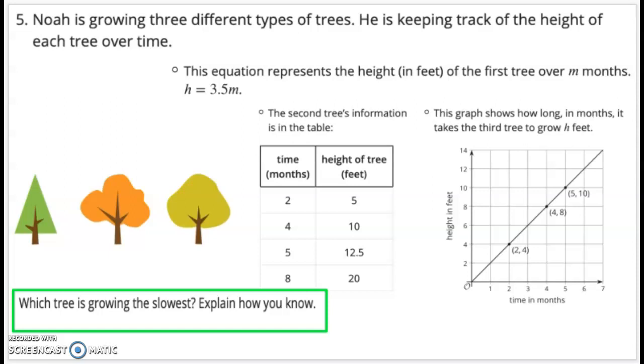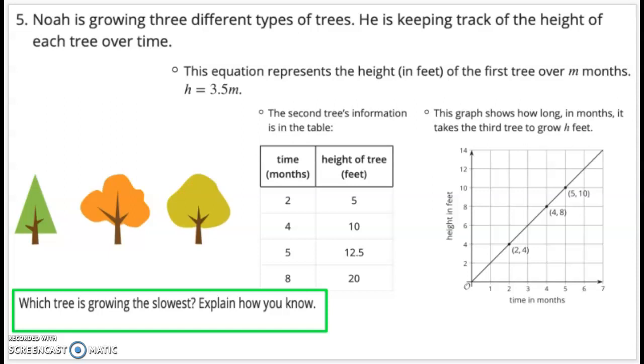For the first tree, he has it written as an equation in which the height in feet for m amount of months. So the equation is h equals 3.5 m. The table is representing the information for the second tree.